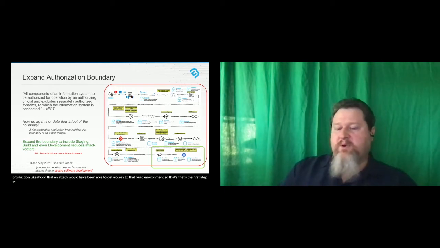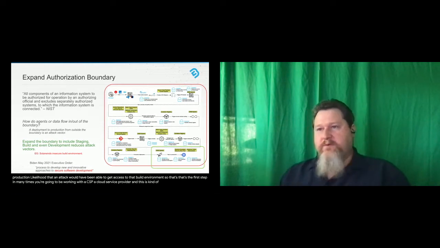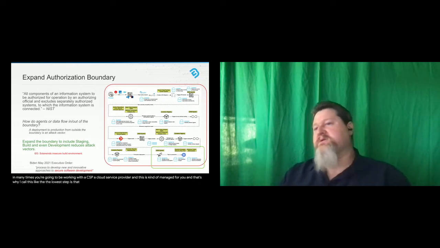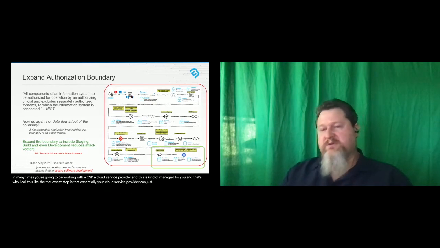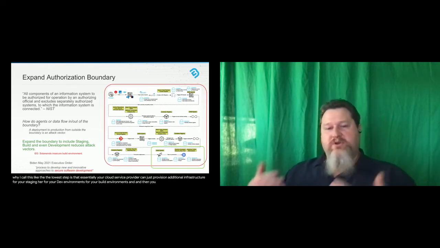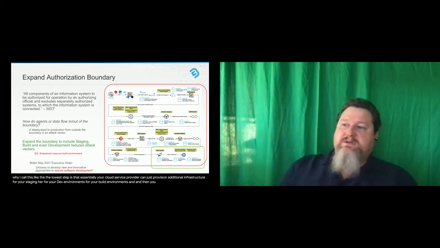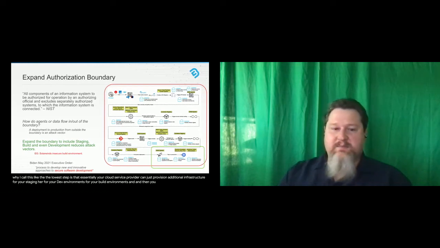And many times you're going to be working with a CSP, a cloud service provider, and that's why I call this the lowest step: your cloud service provider can just provision additional infrastructure for your staging, your dev, and your build environments, and then you make sure you do your work inside of those environments. And this would have addressed the SolarWinds attack to some extent, in the sense that we're applying the same controls that we usually apply to a production environment to a build environment.